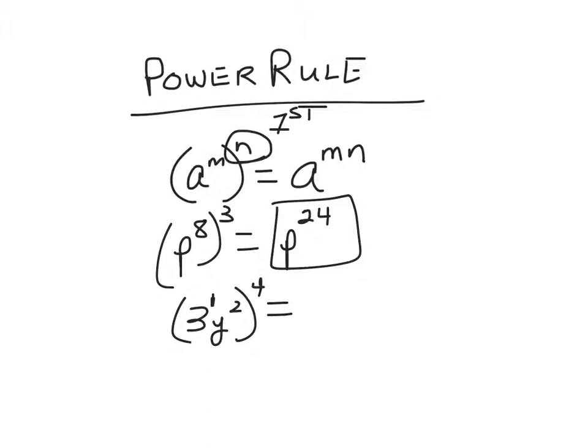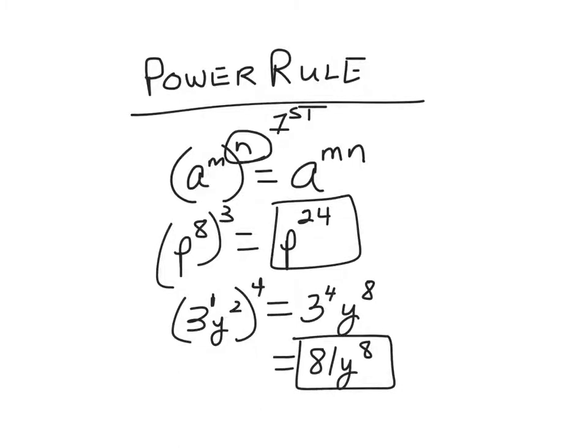So 1 times 4 is going to give me 3 to the fourth. 2 times 4 is going to give me y to the 8th. Do you know what 3 to the fourth is? 81 is right. So 81 y to the 8th.